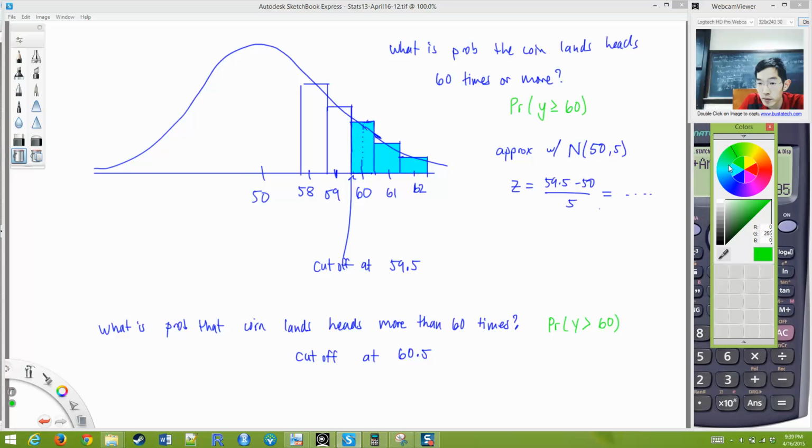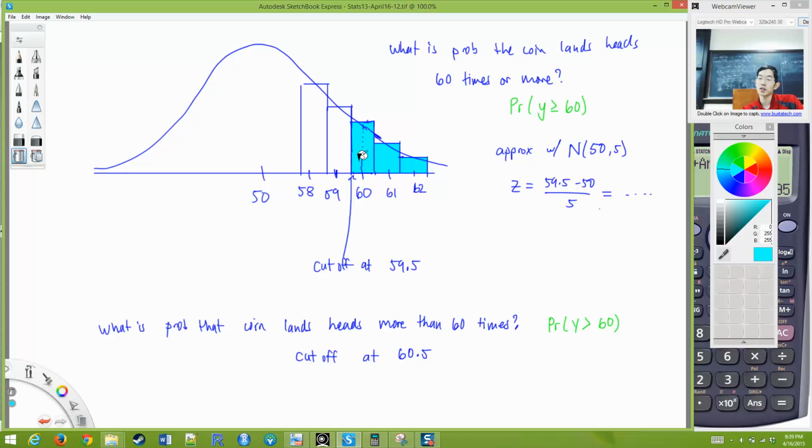I just don't understand why it's 59.5 versus like 59.99999. Because 59.99999 is essentially 60, and so you have to imagine these discrete units, because the underlying distribution we're trying to approximate is the binomial, right?